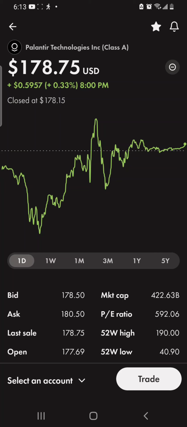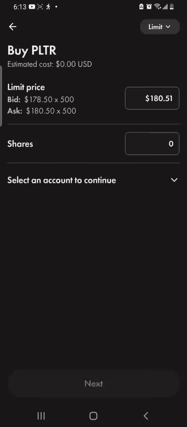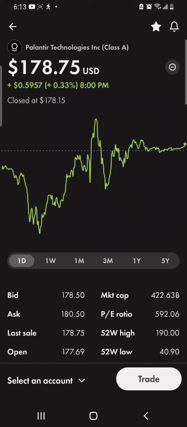Because when you click trade, you're just going to buy the stock itself. You're not going to select options trade, because options trading comes with a date, and you have to sell and get out before the date when doing options trading.